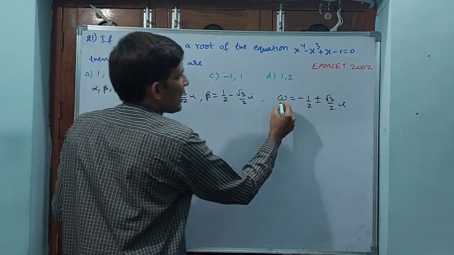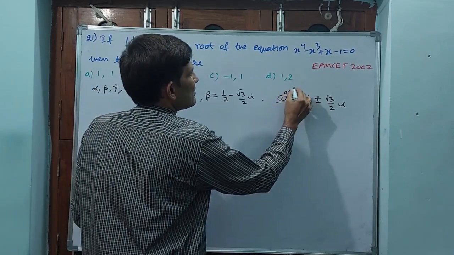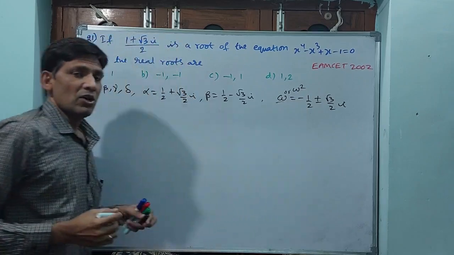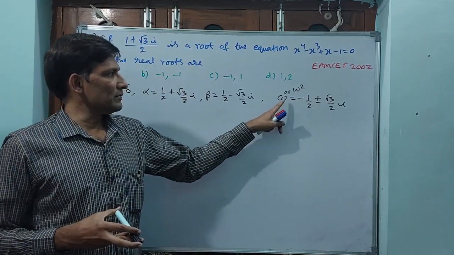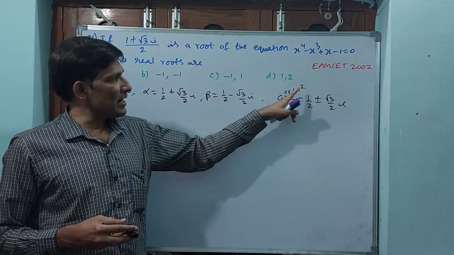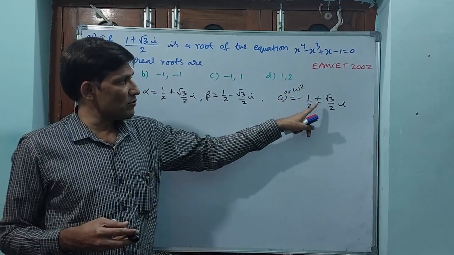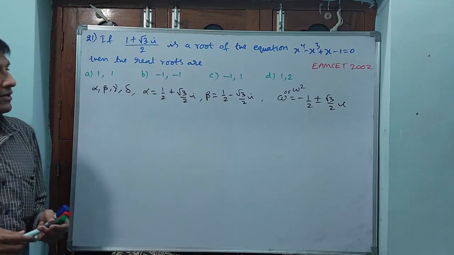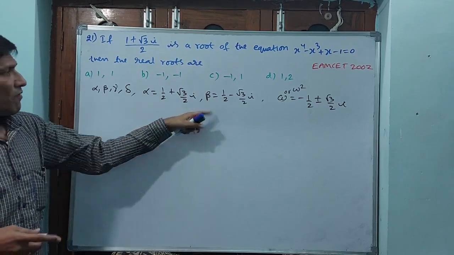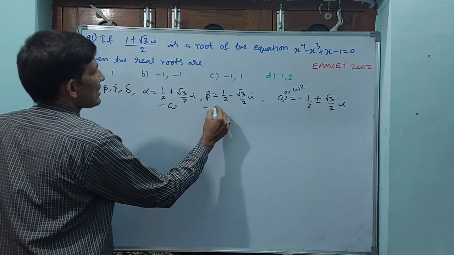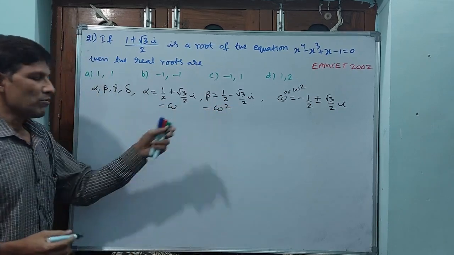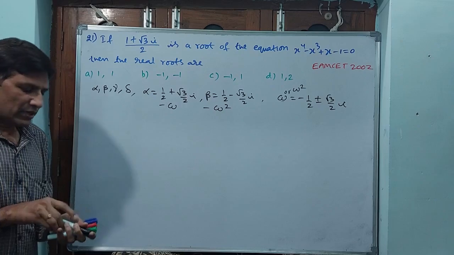That means omega or omega square, the cube roots of 1. One is omega, another one is omega square. Minus 1 by 2 plus or minus root 3 by 2i, what are these then? Simply minus omega square and minus omega.